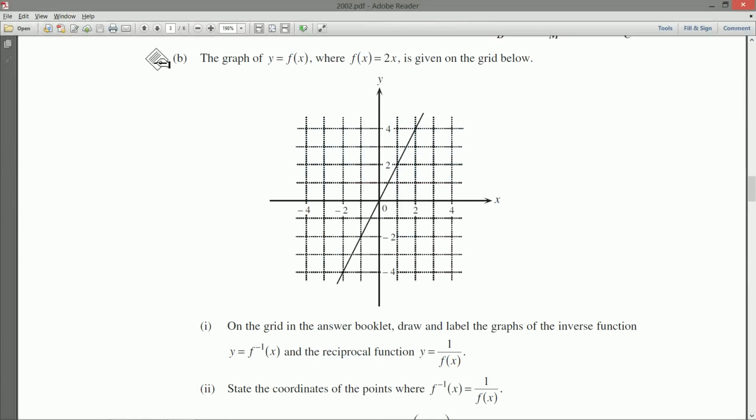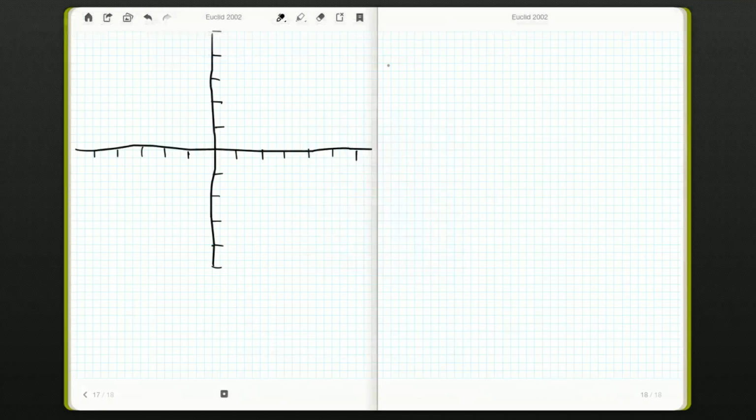It's 2x, so that means its intercept is just going to be 0. And then we've got a point here, a point here, and another point here, and another point here. So there's y equals 2x.